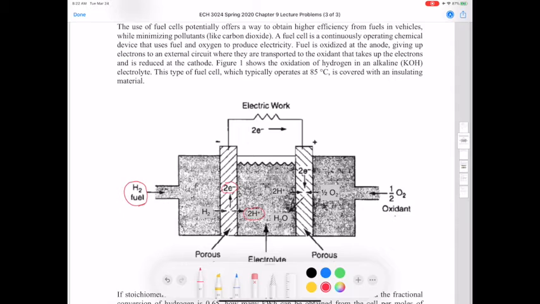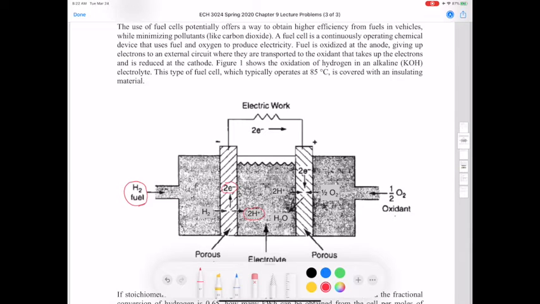These electrons travel from the anode through this circuit all the way to the cathode. And as they travel through this circuit, they create a voltage potential drop as well.